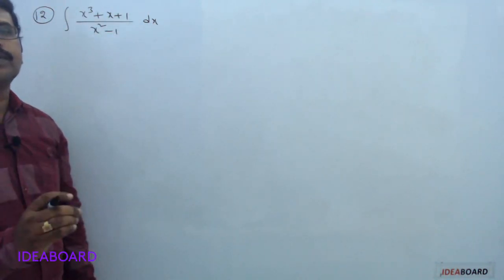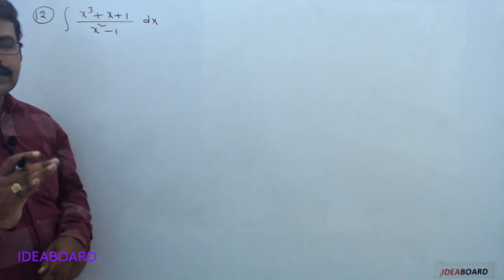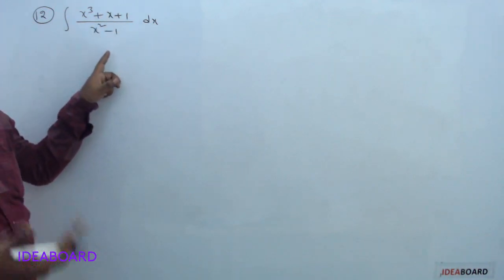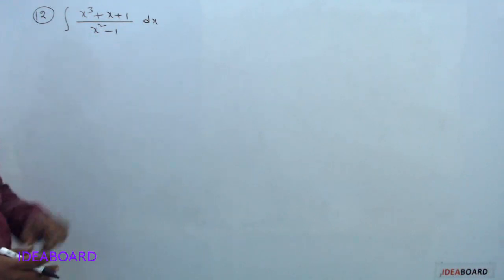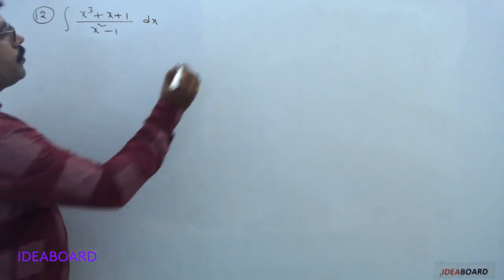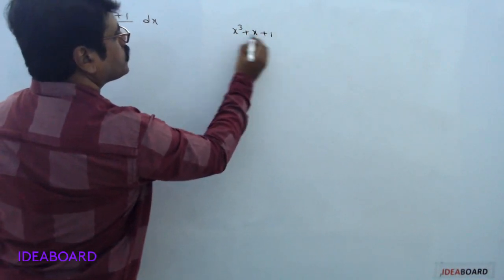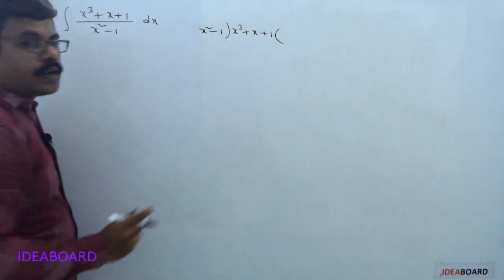Now, what is the procedure for an improper fraction? First, we divide f(x) by g(x). It means divide the numerator by the denominator. Now come to the division process. Divide x cube plus x plus 1 by x square minus 1.